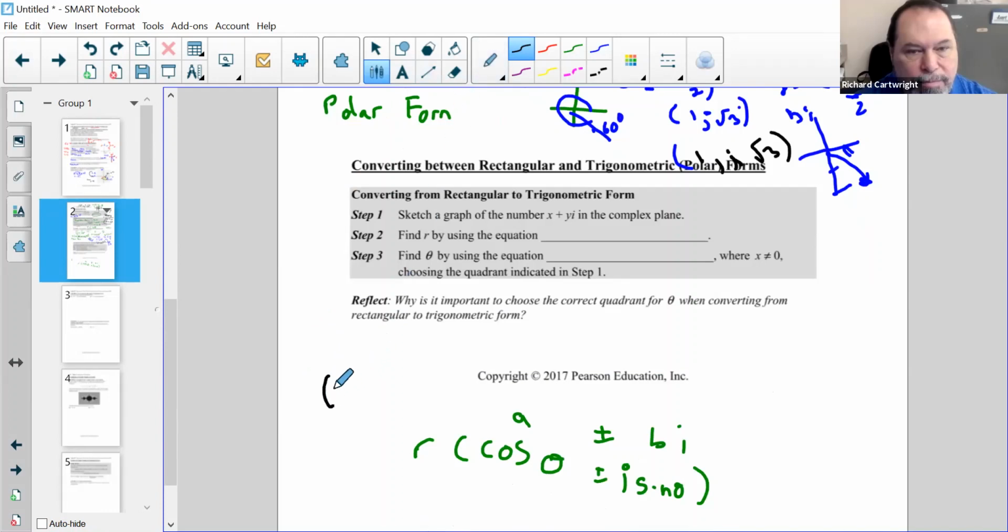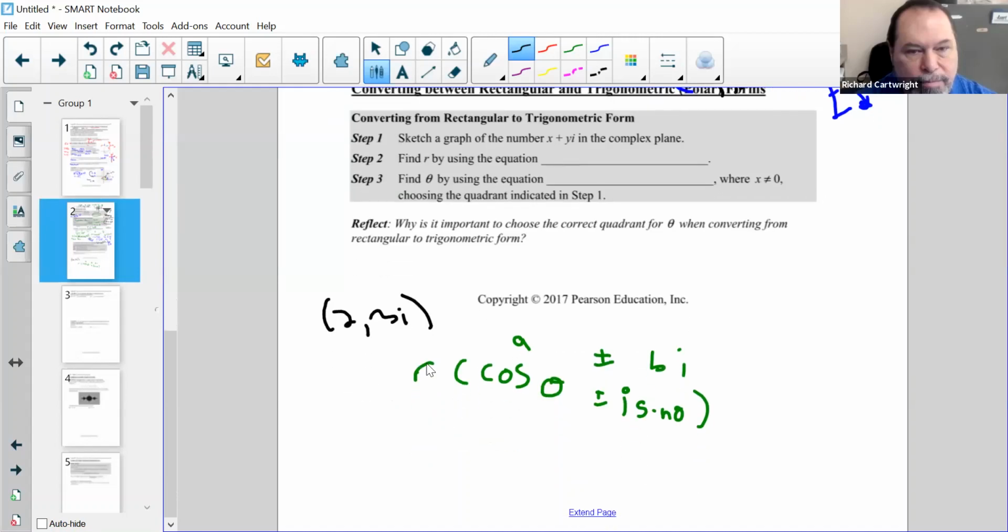If I have a vector like 2, comma, 3i, we know what it's going to look like. It's going to look like 2 on the real, up 3 on the y, but since it really means bi, the dot looks like it's up here, but it's 3 dimensions if you remember.